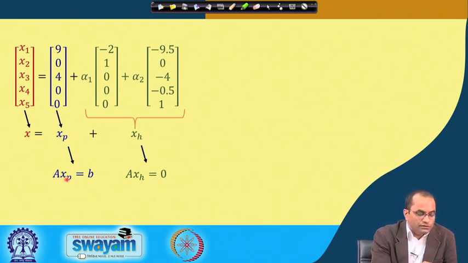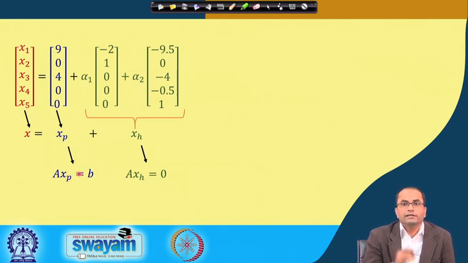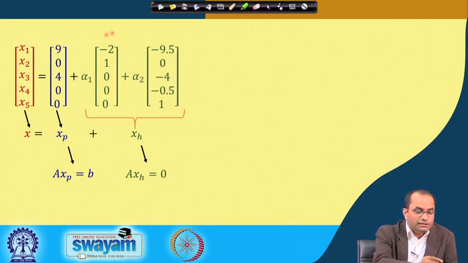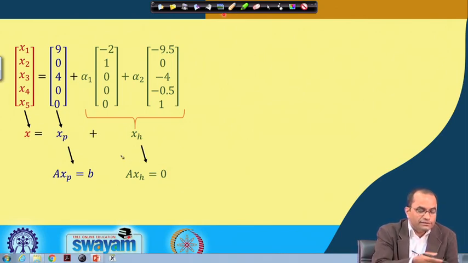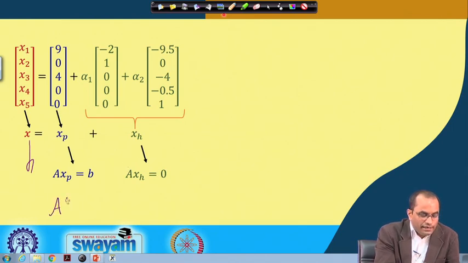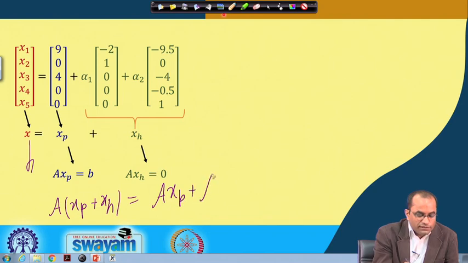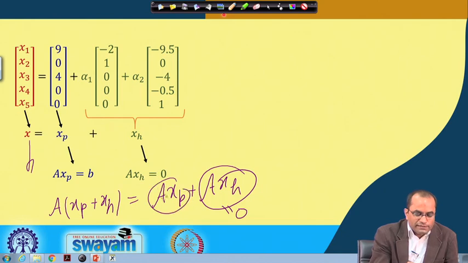If we substitute xp instead of x, Ax will give exactly b, the given system, and this part satisfies Ax equal to 0. As a total, we also have the solution. This x is a solution because it has two parts, a particular solution plus xh, and then we can use the product rule here: Axp plus Axh, and this is 0 anyway, and Axp gives b.